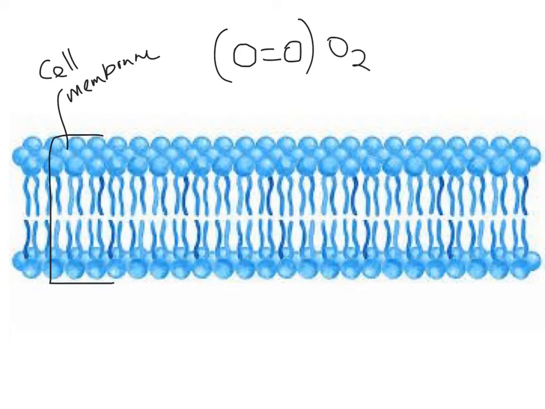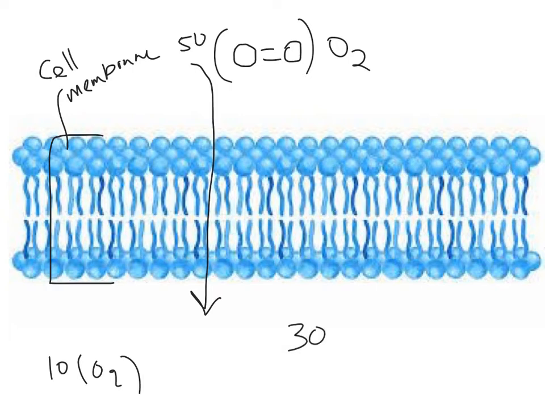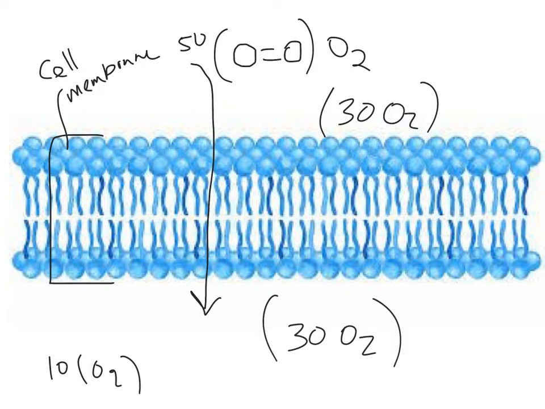Let's just say I have 50 O2 on this side, and I have 10 O2 on this side. Well, if that's the case, we are going to need to reach equilibrium, and we're going to end up with 30 O2 on this side and 30 O2 on this side. So that's equilibrium. You're going to end up with an equal number on each side.